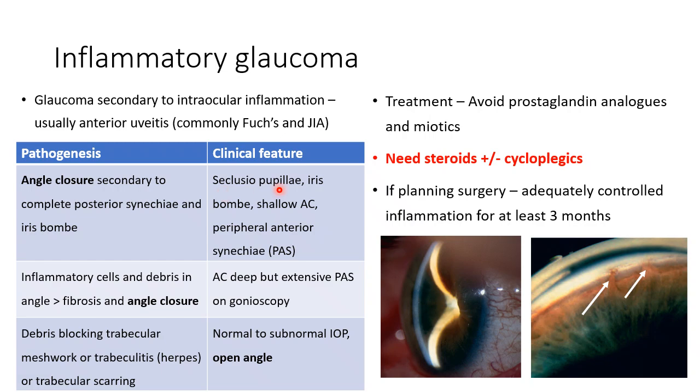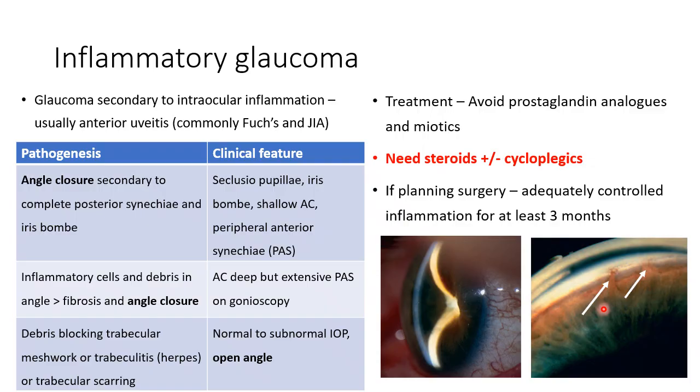Clinical feature, seclusio pupillae, iris bombe. This is iris bombe. Shallow AC, especially in the periphery, and peripheral anterior synechia. So this is the region where the synechia would have formed, and this is what the peripheral anterior synechia looks like.